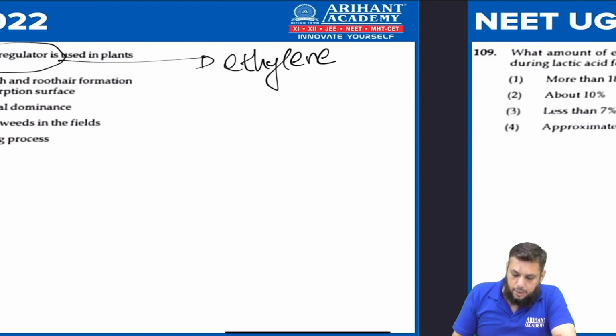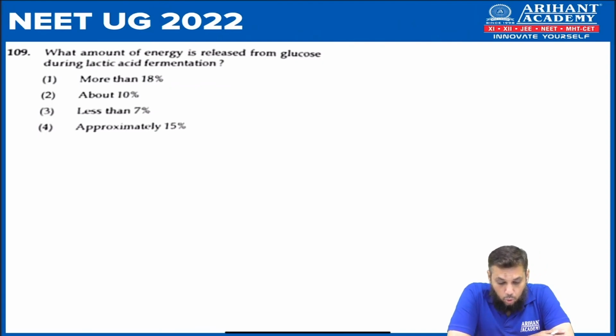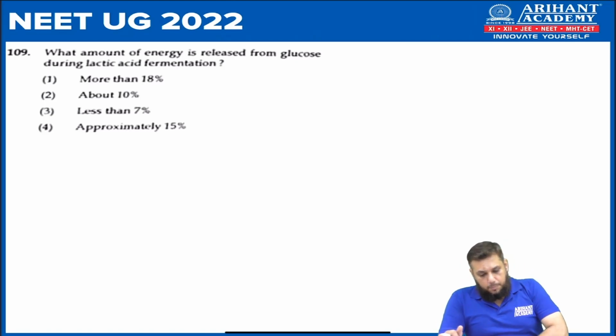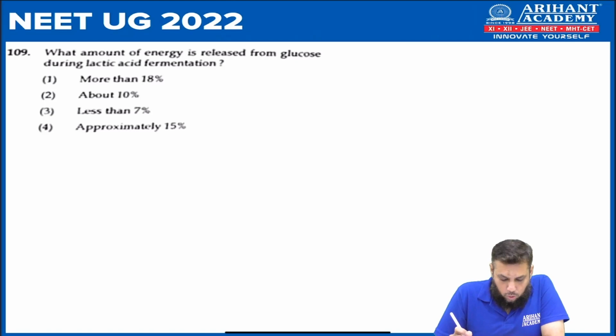From plant growth and development. What amount of energy is released from glucose during lactic acid fermentation? 109. Okay. So for 109, now this is from the chapter cellular respiration, the exact name would be respiration in plants. And what amount of energy is released from glucose during lactic acid fermentation?